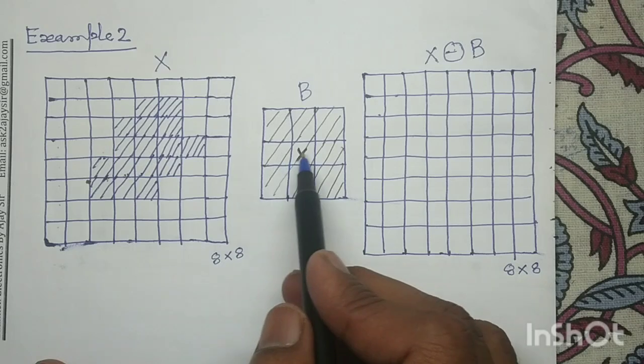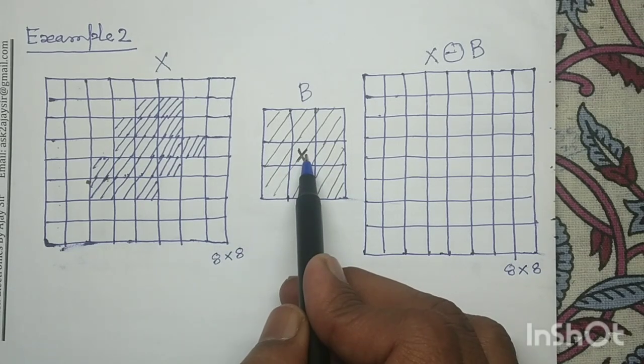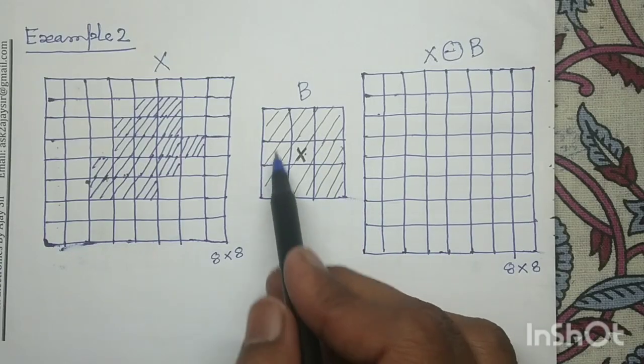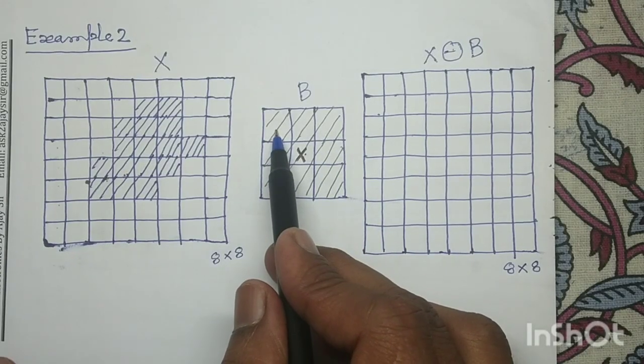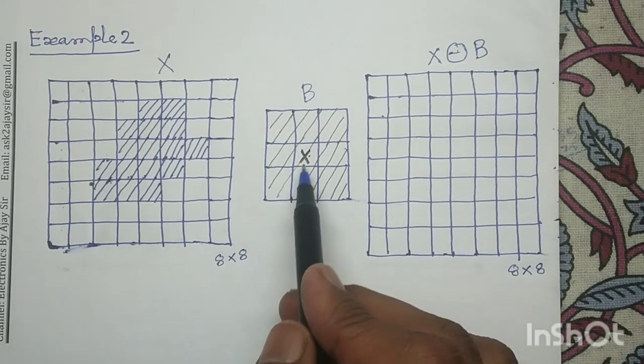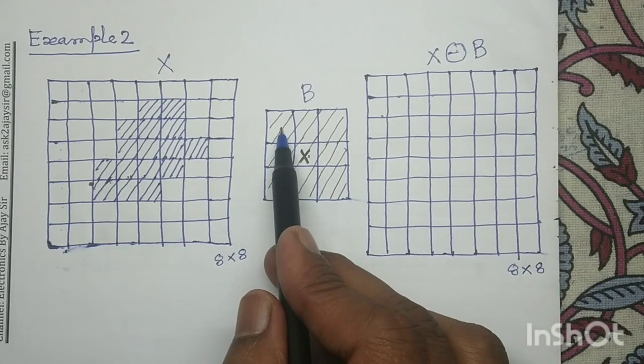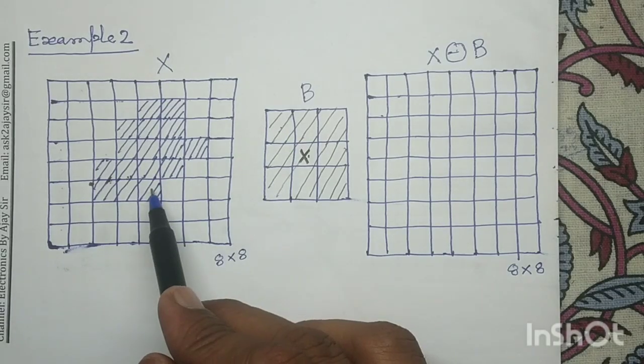My structuring element has the center pixel value logic 1 since it is a shaded one, and the outside 8 neighborhood pixels are also logic 1. So this scenario where the center pixel value is logic 1 and the 8 neighborhood pixel values are also logic 1, we have to detect in this input image X.